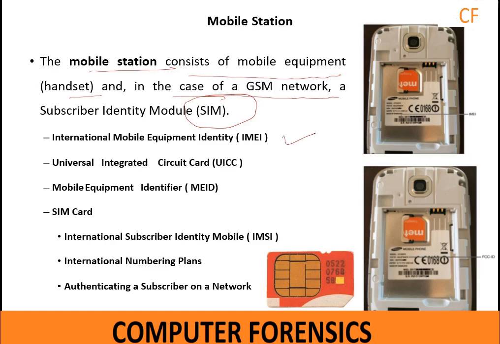An international mobile equipment identity, IMEI, number uniquely identifies the mobile equipment or handset. The initial 6 or 8 digits of the IMEI, the type allocation code, TAC, identifies the type of wireless device.